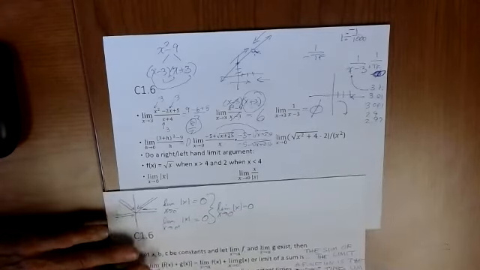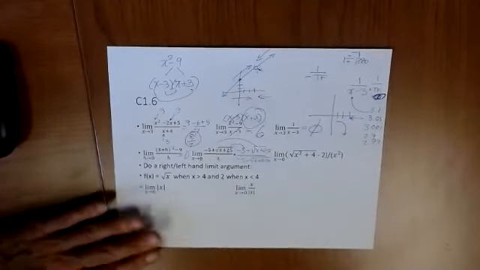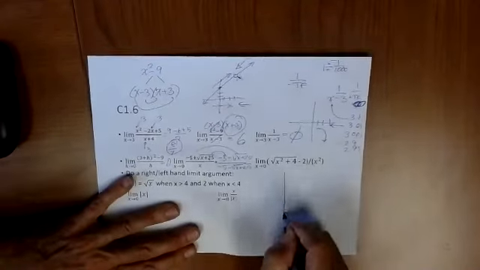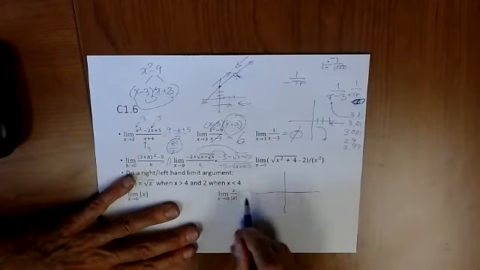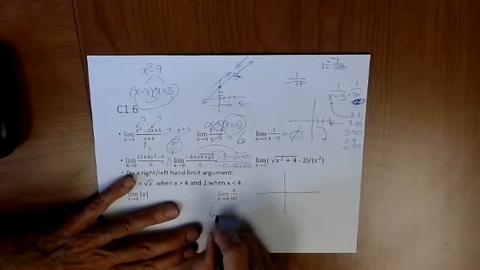Okay? Easy one. The last one's a little trickier. I can do it right here. Let's sketch it. Now, as you come in from the right, we're approaching 0. So let's write it all down.